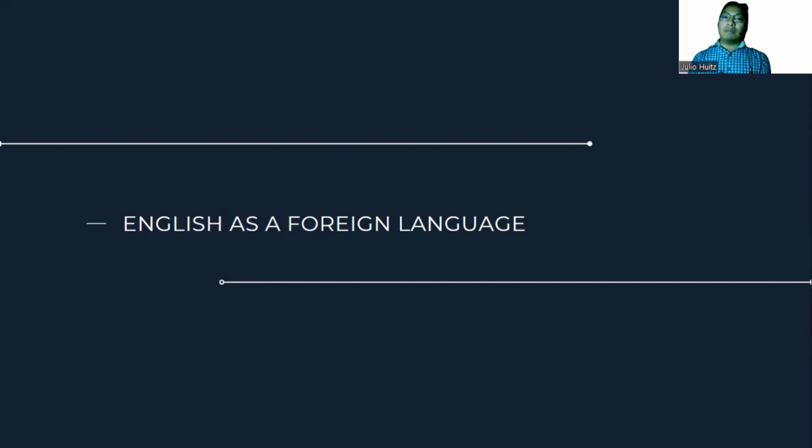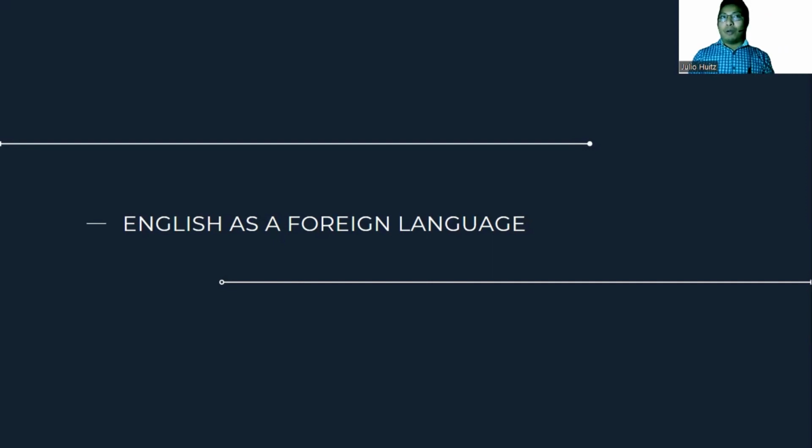That doesn't mean English as a foreign language is for a person who is learning English but is outside of these countries. Let's say Costa Rica, Colombia, Brazil, Peru, Chile, Mexico, or of course, Guatemala. In Guatemala, our first language is Spanish.